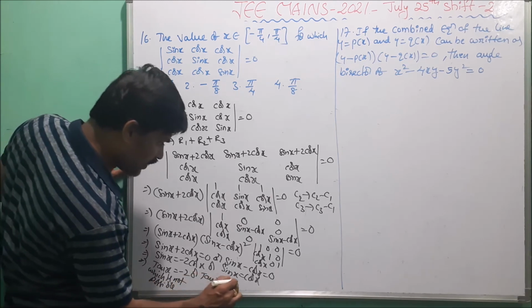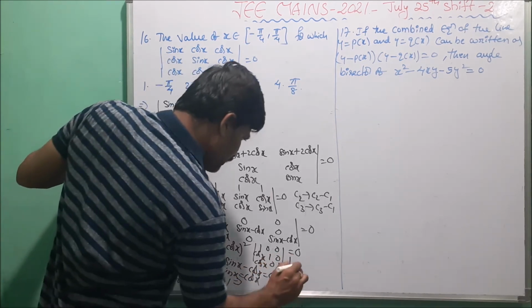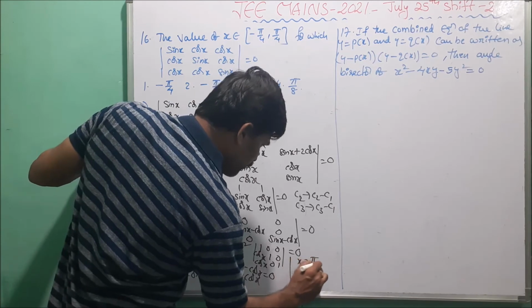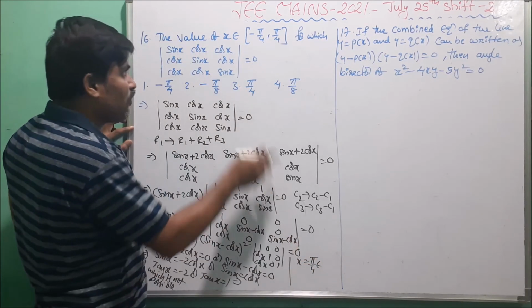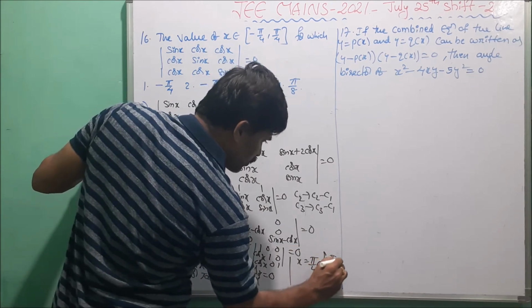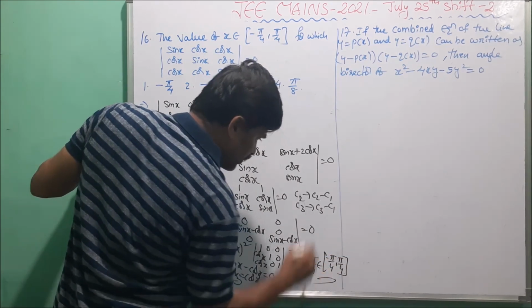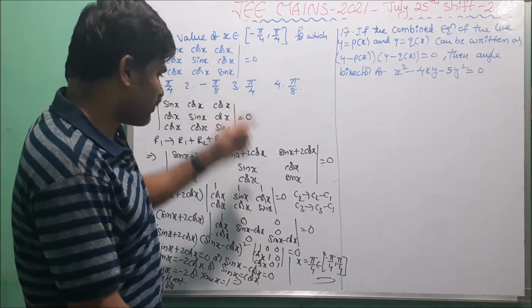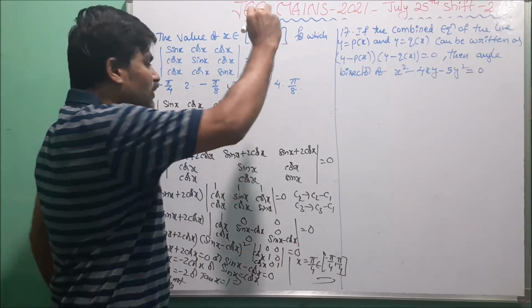Therefore, tan x equal to 1. That means x equal to pi by 4. Clearly, pi by 4 is in the closed interval of minus pi by 4 to plus pi by 4. So, this is the solution of this question. The third option, pi by 4, is the correct answer.